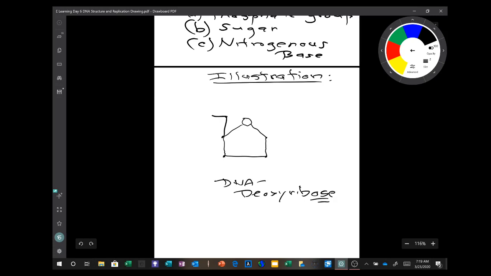Because of the positions of the carbon atoms on this sugar ring, this is called the 1 prime carbon. This is called the 2 prime carbon. This one right here is called the 3 prime carbon. This is the 4 prime carbon.